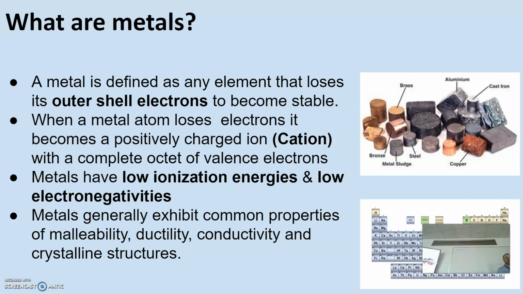They also have low electronegativity. What was that again? What was electronegativity? Someone else? Right, the pulling power, yeah? The ability of an atom to attract an electron. They're generally malleable, ductile, conductive, and crystalline or lattice structures.